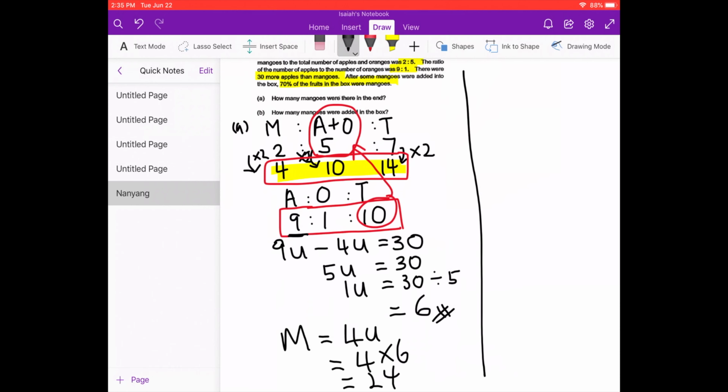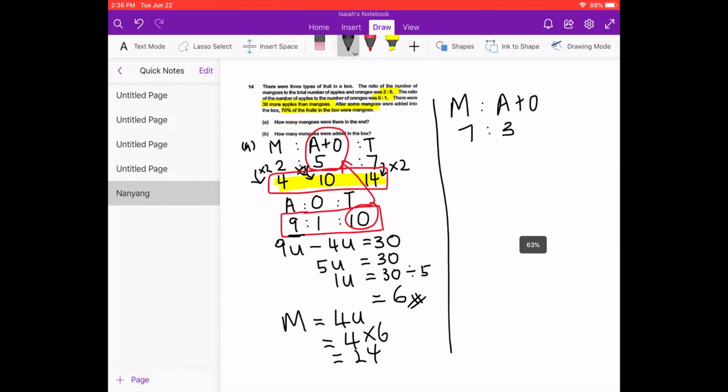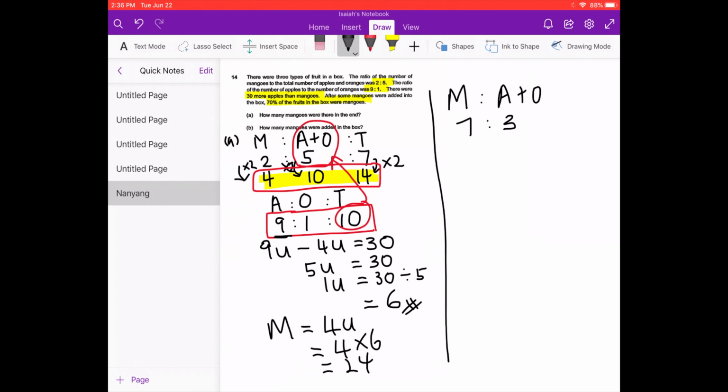Here, we write a new ratio because the ratio has now changed with new mangoes being added. So mangoes to apples and oranges, 70% of it will be mangoes, leaving 30% apples and oranges combined. Again, we get a new ratio. Total fruits, 7 plus 3, again 10 parts.